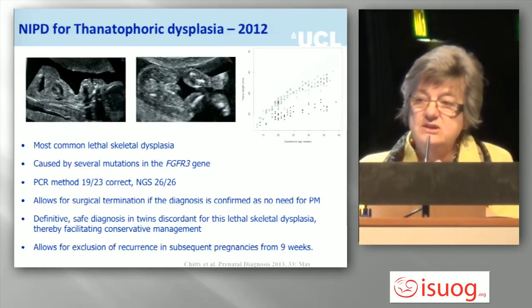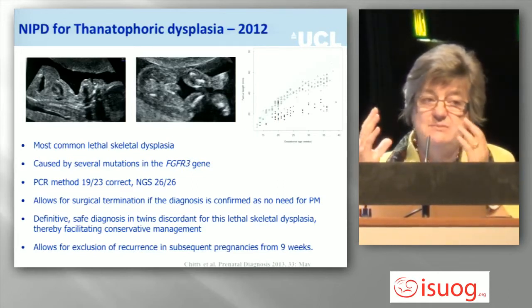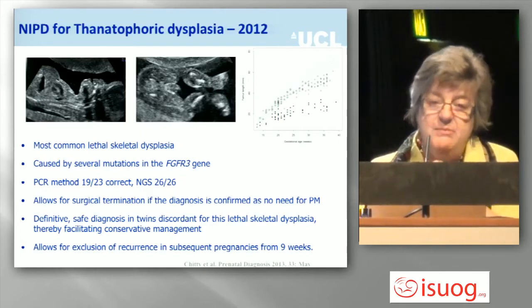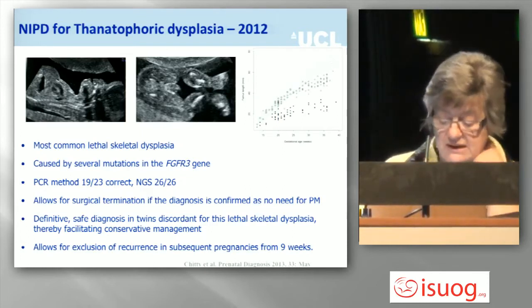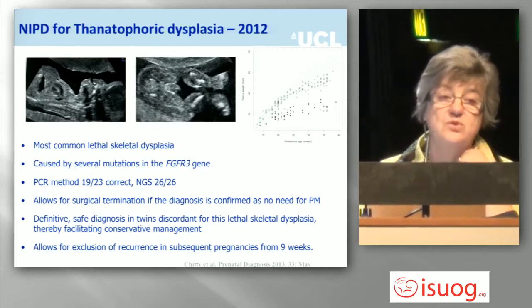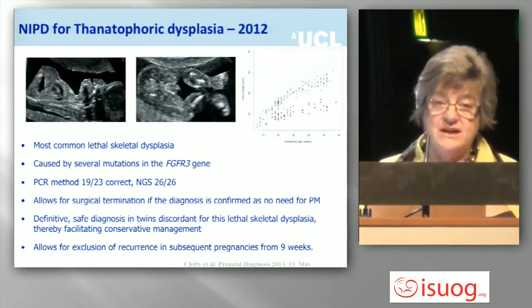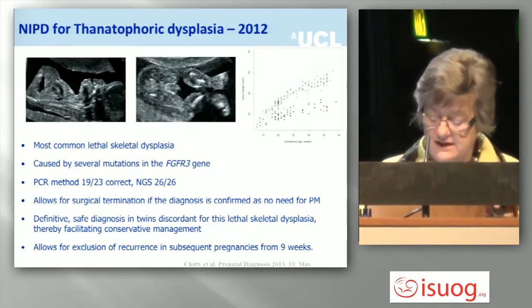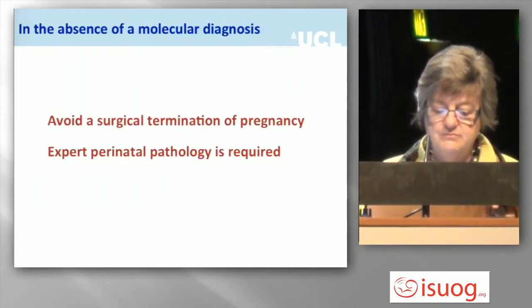We also find it very useful in twin pregnancies where there's a discordance for the skeletal dysplasia and a normal baby, because you can again make the diagnosis on blood. And so it allows for a safe diagnosis and non-intervention in those situations.